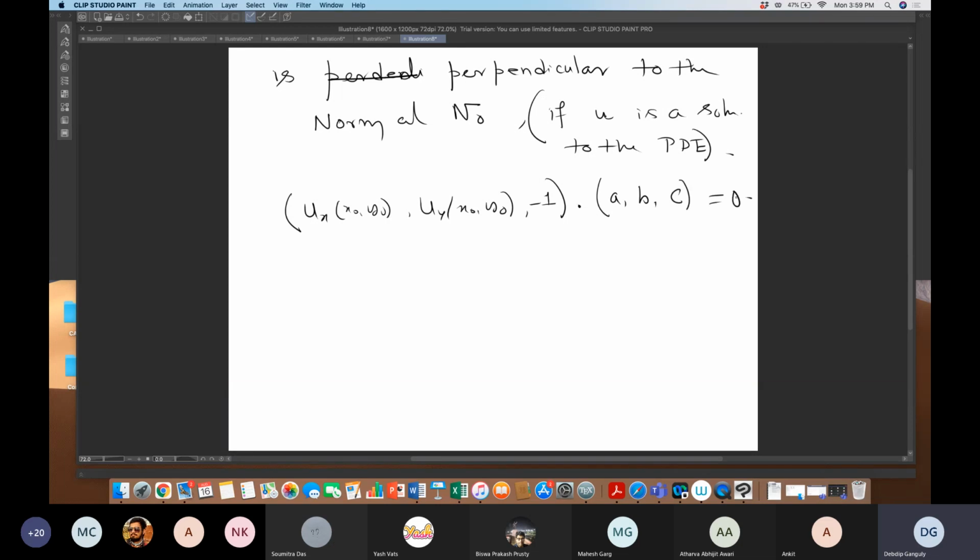If u is a solution, this gives you a ux plus b uy minus c equal to 0. That is a ux plus b uy equals c.